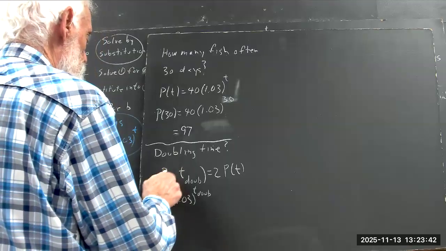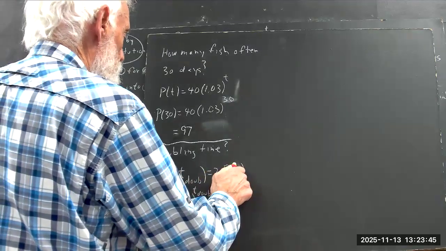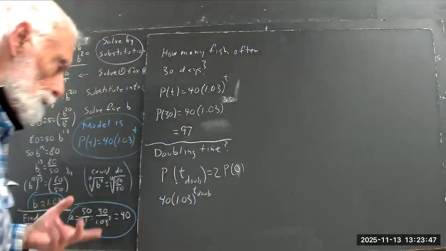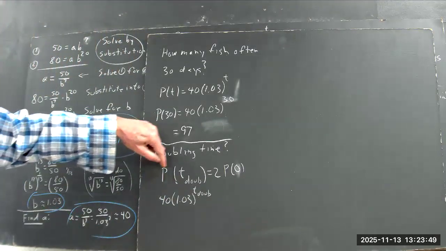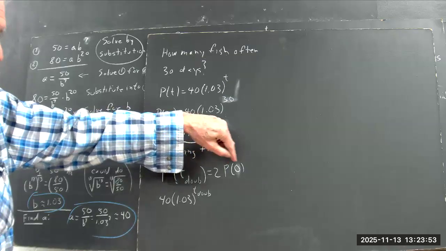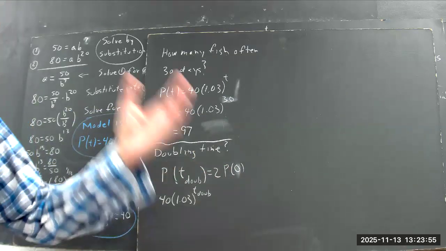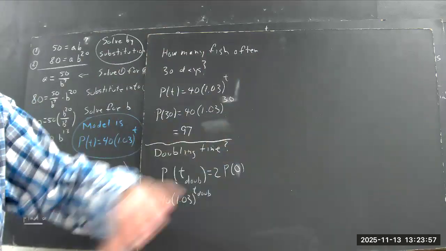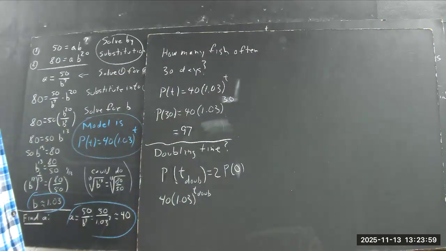Well, I'm going to write it this way. It's a simple equation anyhow. Okay. Listen. P of T dub is 2 times P of 0. In other words, between 0 and T dub, your population is going to double.